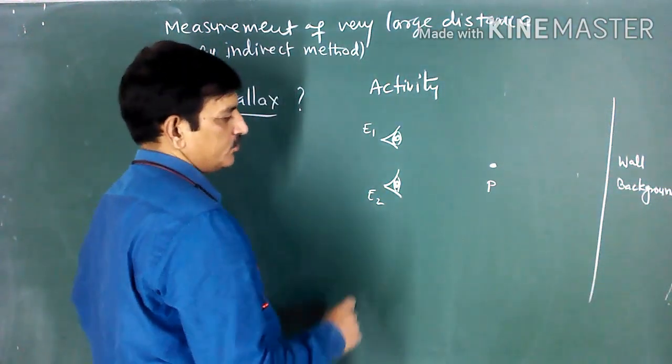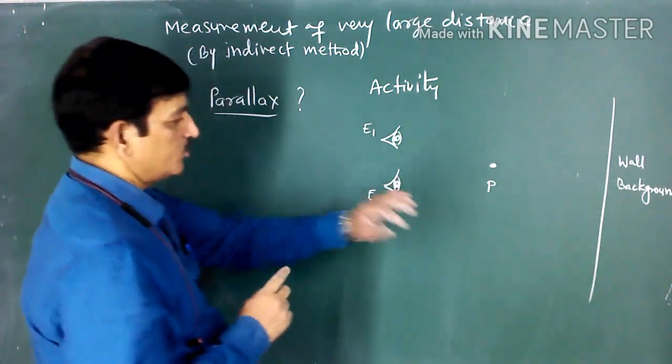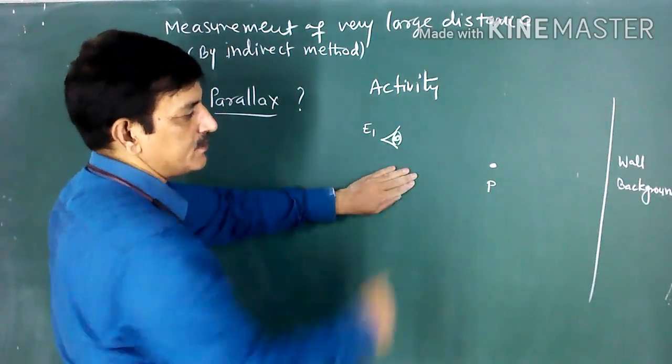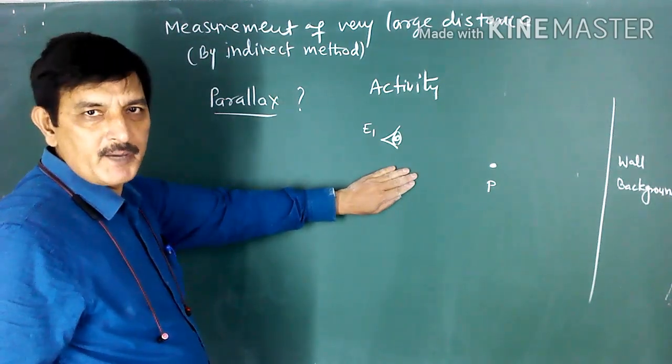Now you will use your eyes one by one. Suppose your second eye is closed and you are seeing the pencil over the wall in its background.